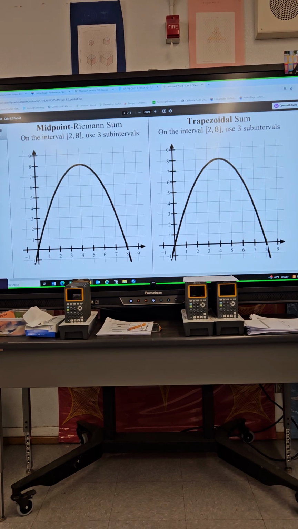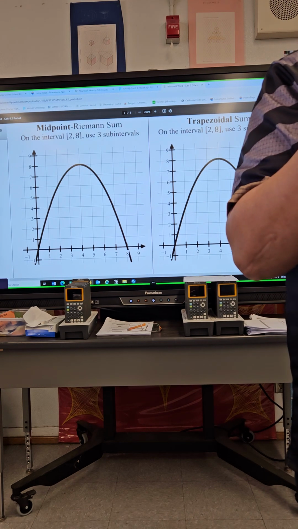Hey, Loki. So next is midpoint Riemann sum. And the fourth one is trapezoidal sum. So what do you mean by midpoint? It is at the middle, right? Center.